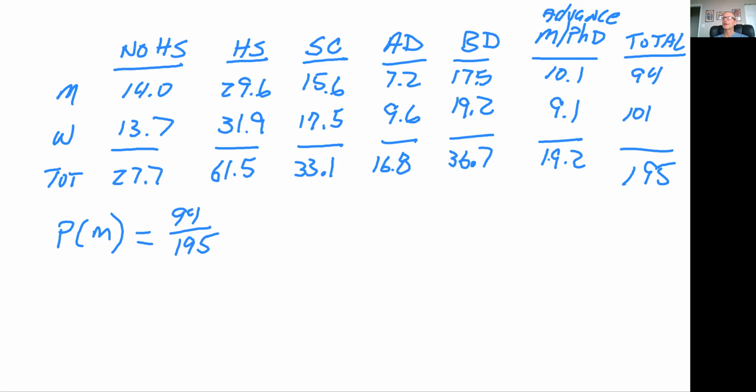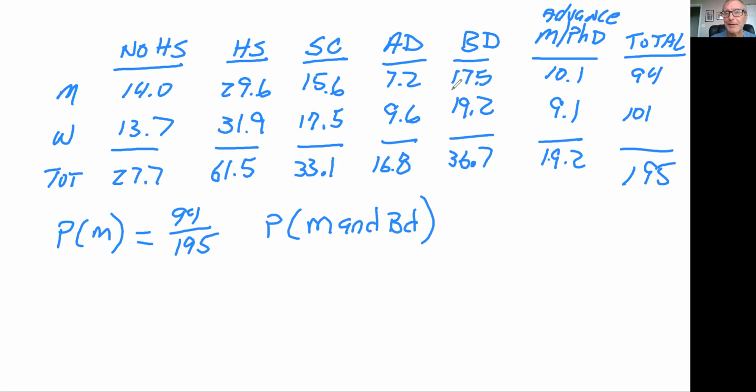And so the next calculation states, what is the probability that a person is a man with a bachelor's degree? So what is the probability of a man and bachelor's degree, right? And so what does that equal?